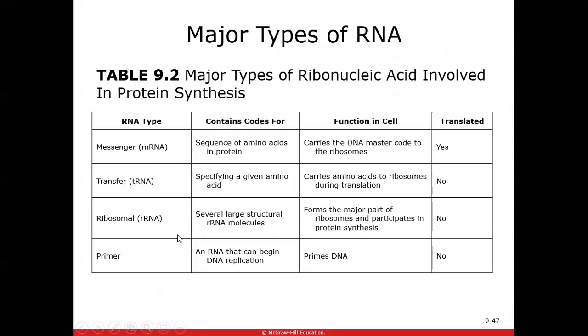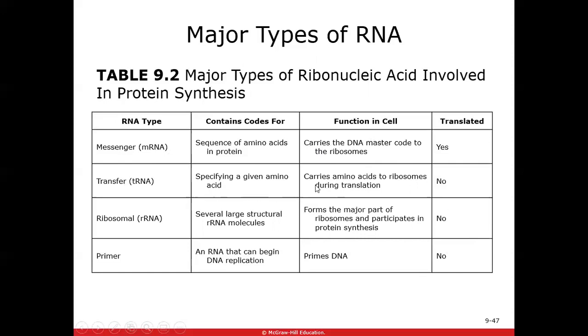So here's a table that describes messenger RNA, transfer RNA, ribosomal RNA, and also primers. Messenger RNA is translated. The others are not translated. The messenger RNA carries the DNA master code to the ribosomes. So the messenger RNA is the one that interacts directly with the DNA.